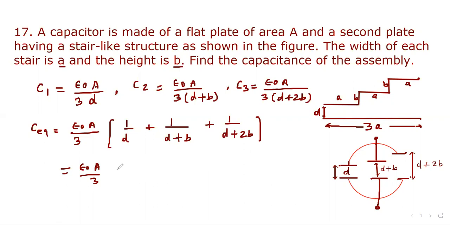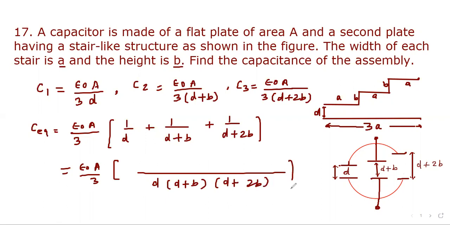From here, if we take the LCM, this will become D times D plus B times D plus 2B. Then it will become D plus B times D plus 2B plus D times D plus 2B plus D times D plus B.